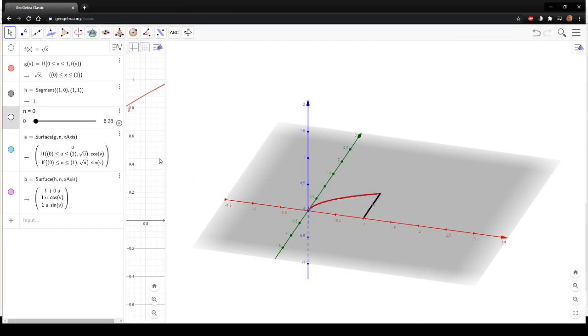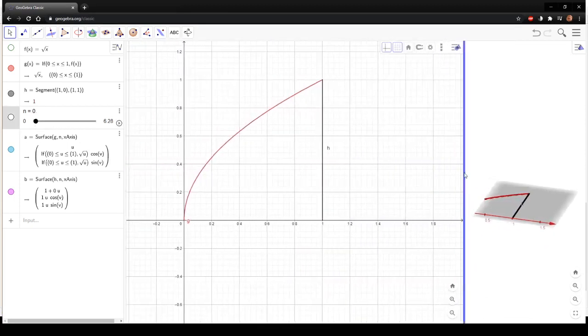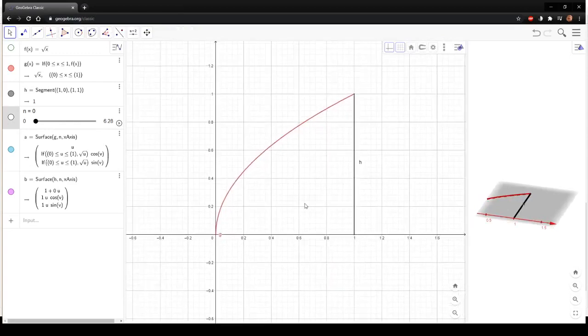Let me show you how we can visualize this. So moving back to the 2-dimensional bit, we are going to slice this along the x-axis. So, let me make another slider. If you type S, GeoGebra will automatically turn that into a slider. And I want this to represent the values of x that we are interested in. So this goes from 0 to 1.